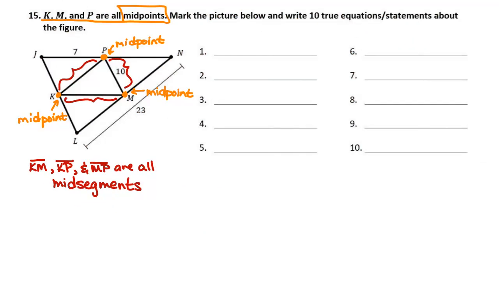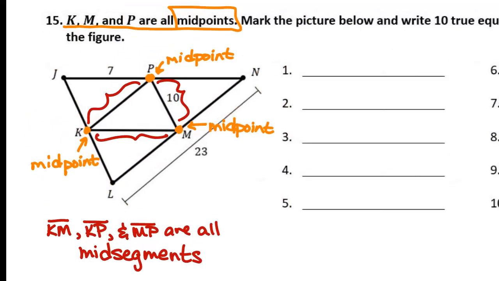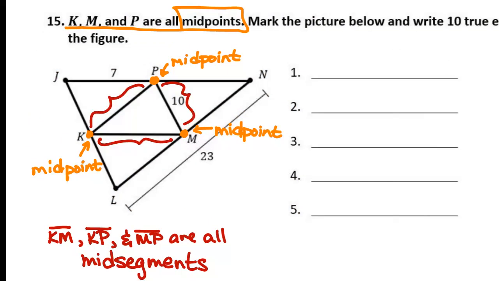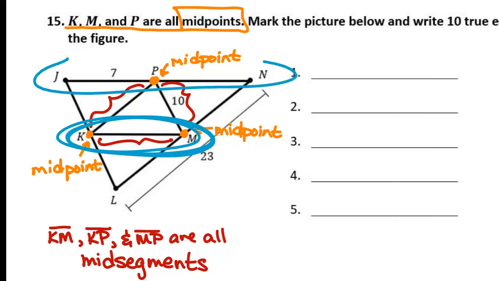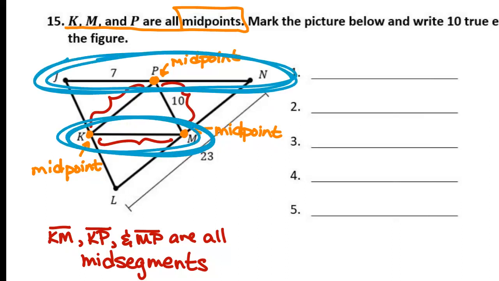We learned two different properties about mid-segments and the side that they do not intersect. So let's look at these two, like KM and JN. KM does not intersect JN, so that would be my third side. What's one of the properties we learned about a mid-segment and that third side, the side it doesn't intersect?